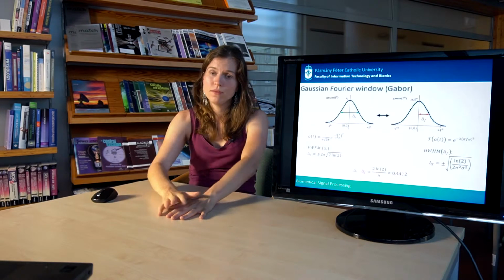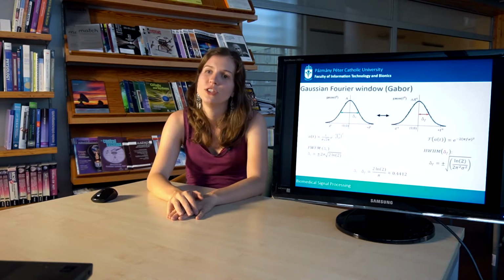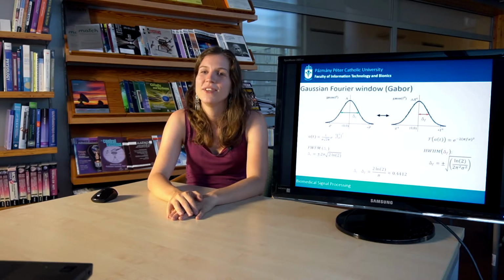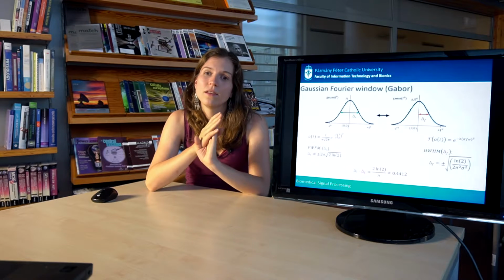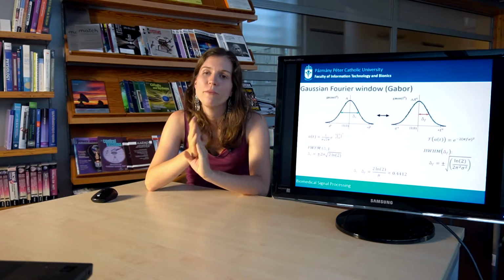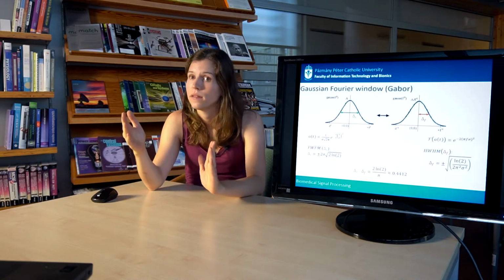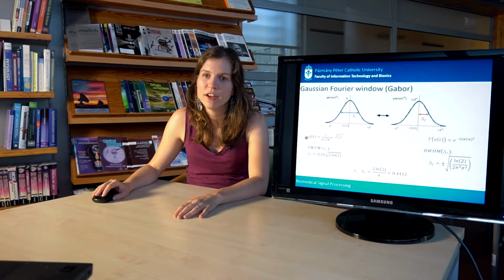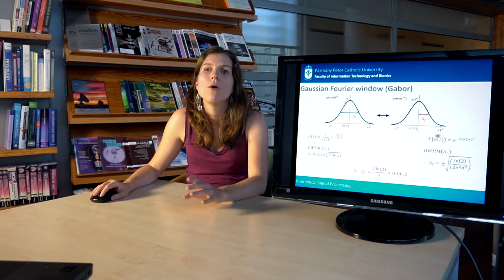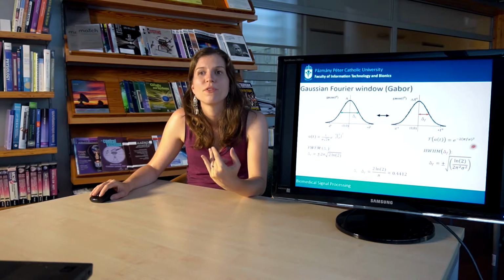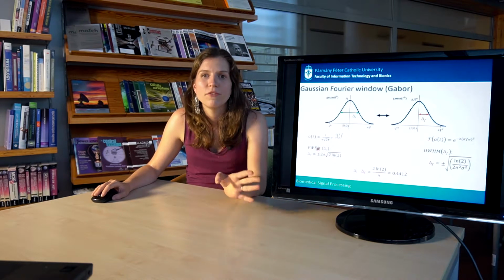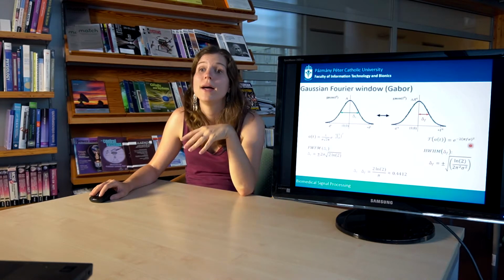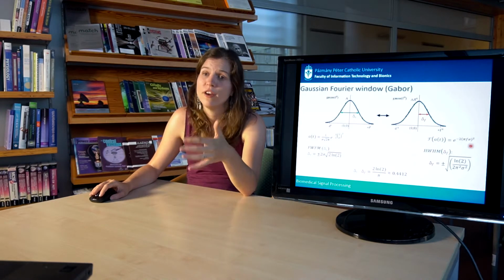If I go on, the next possibility is a Gaussian window. It will be a lot better because the Fourier transform of a Gaussian window is a Gaussian window. So here you can see the original function, and here you can see how its Fourier transform is changing. So it has some different scaling and some different number in the exponential, but it is a Gaussian function.